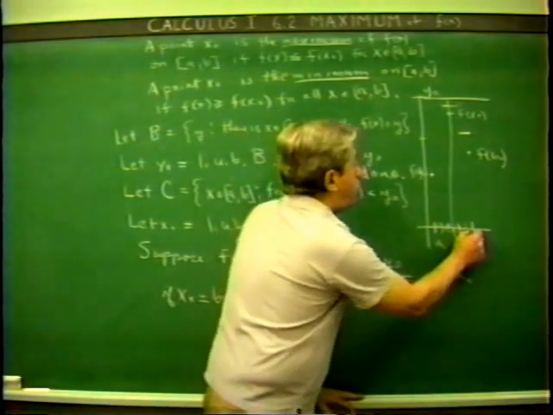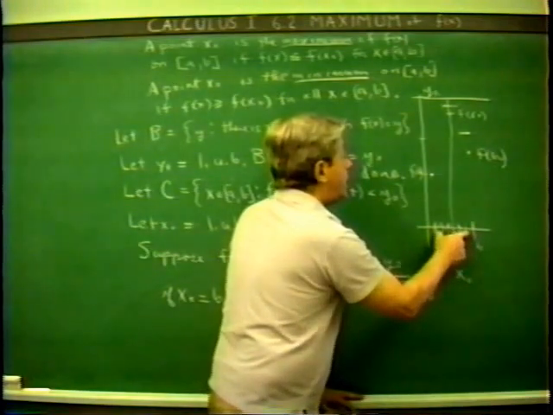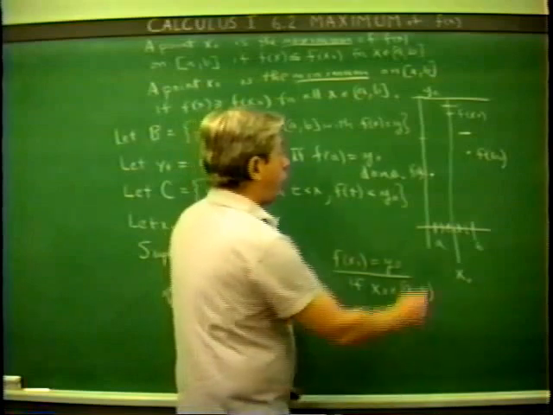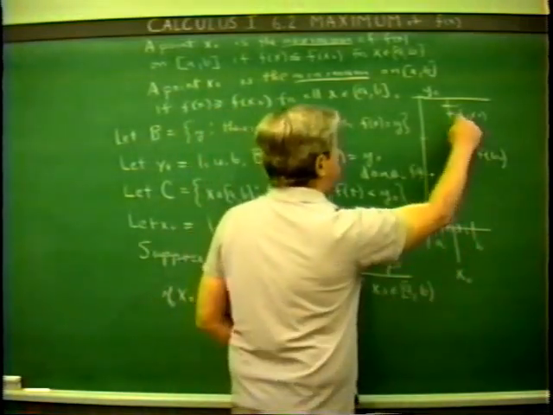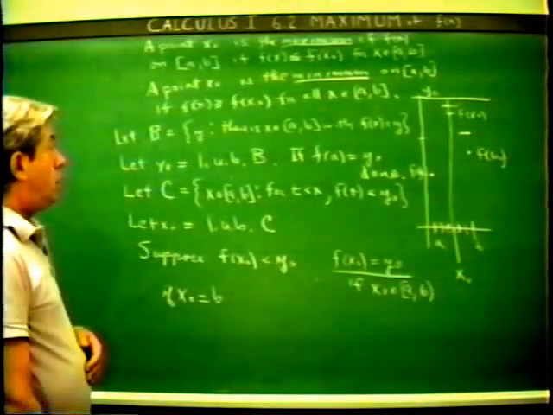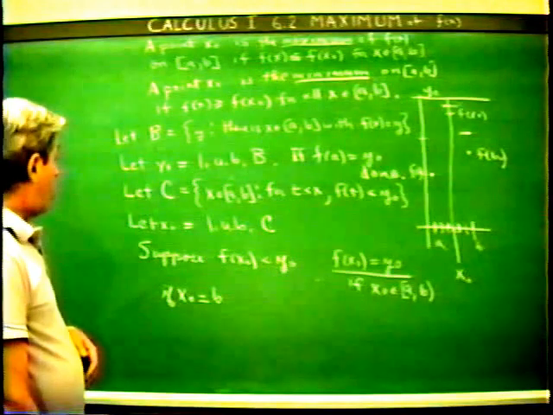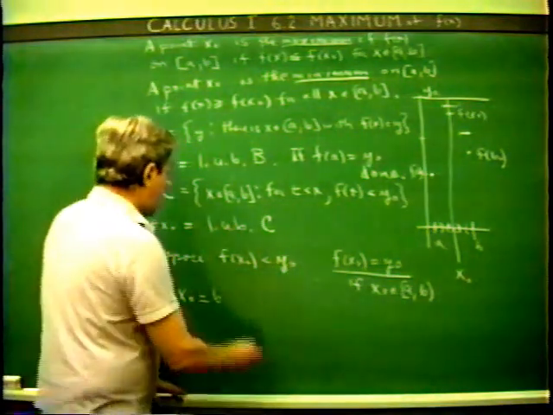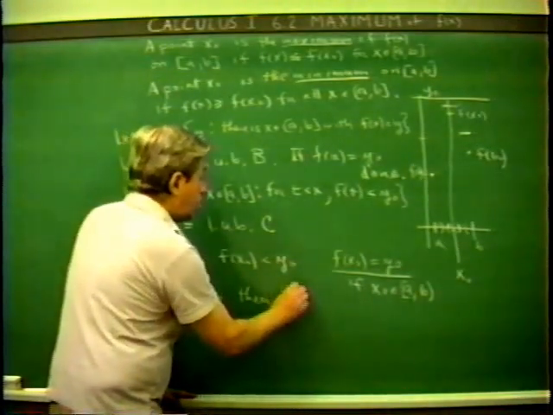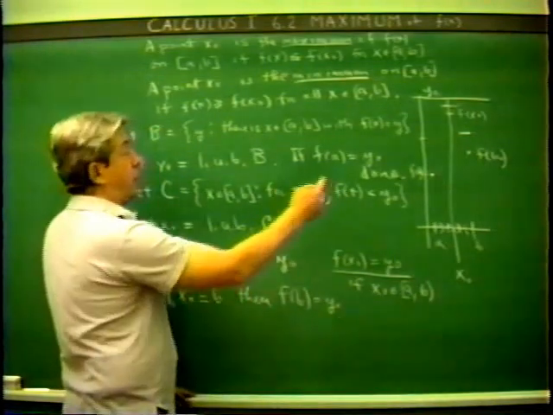There's a smaller one, because it's not the least upper bound on this interval, and it's not the least upper bound on the interval prior to that. That's because for all these values back here, the function is definitely less than y naught. Right? So if x naught is equal to b, then f of b must be equal to y naught.